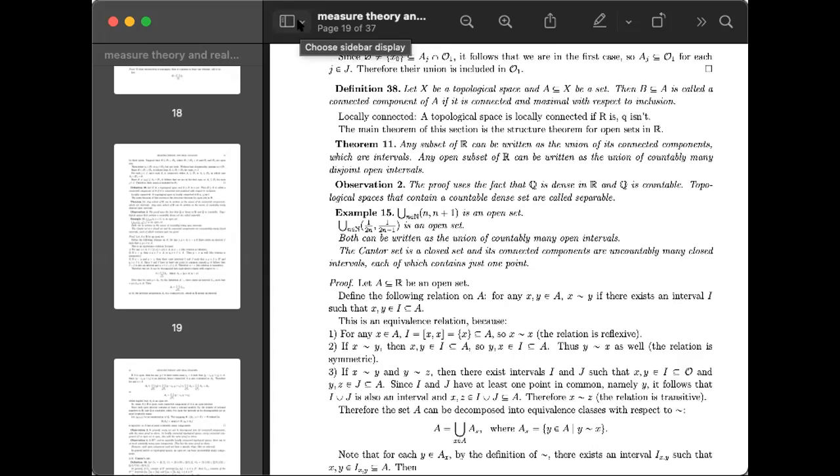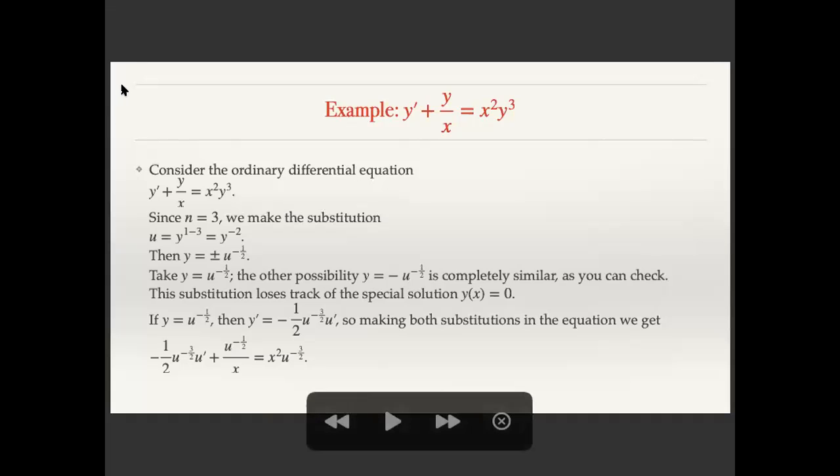All right, so this is where we were in the slides. And now we've moved on to the next example. Why does it say my screen share is paused? Well, let's say resume share, whatever. Okay, now I'm screen sharing.